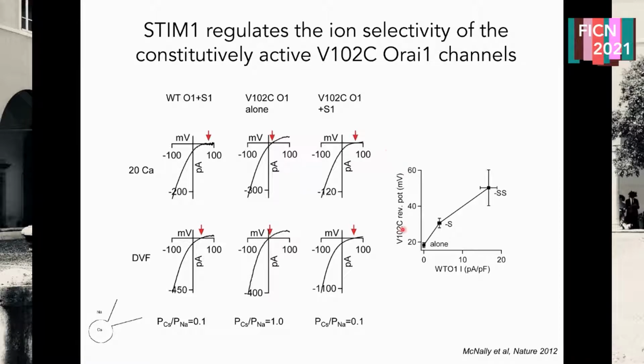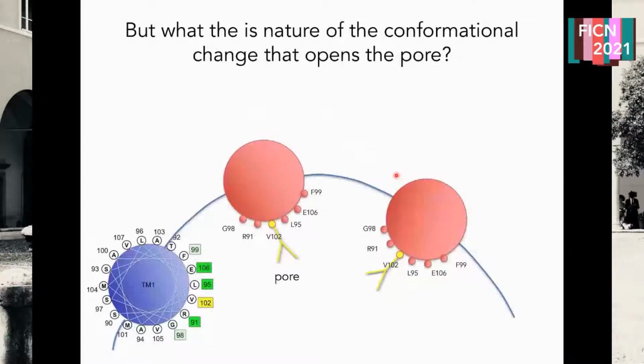In fact, when we looked more closely at the changes in the reversal potential as the channel gets activated, we found that with increasing amounts of STIM1 ligand on the channel, not only was the current size increasing, but the ion selectivity was also shifting towards more calcium selective channels. So this is an interesting case where ion selectivity and channel gating are very intimately coupled in Orai channels. I think it's a very clear example of that.